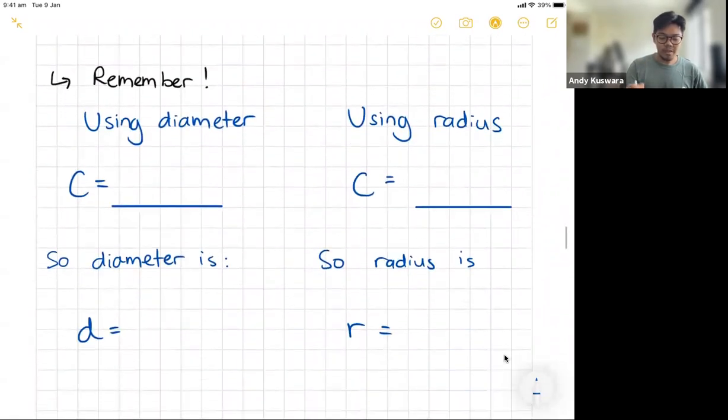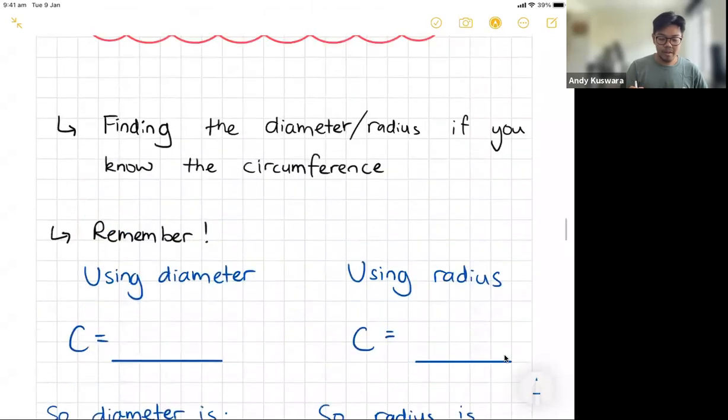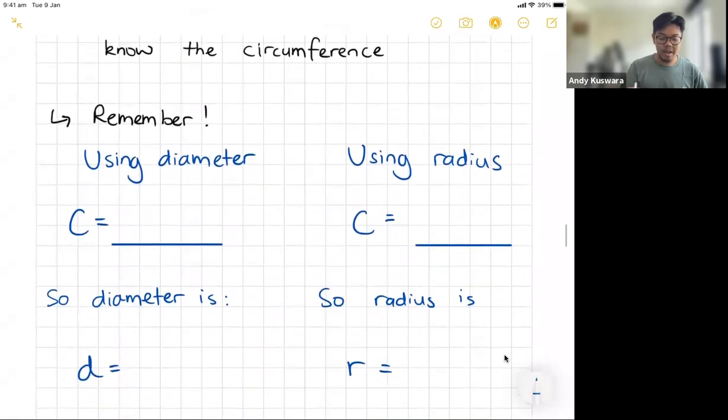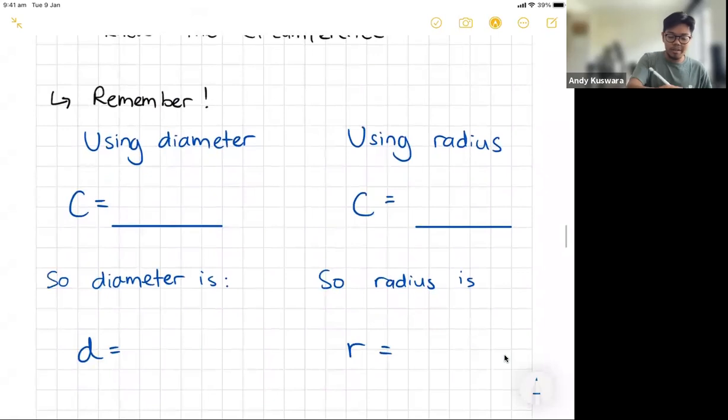So just remember, if you're using the diameter, your formula is circumference is given by pi times diameter. And if you're working with radius, it's 2 times pi times radius. Those are your formulas when we're dealing with circumference.